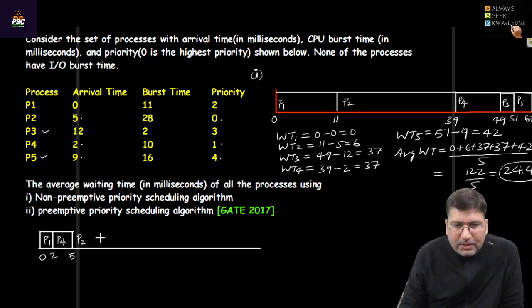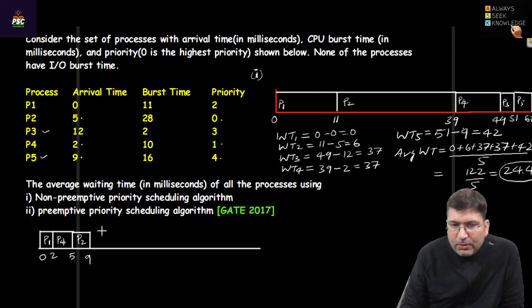Now P2 will keep on executing till 9, and by this moment one new process arrives. That process is P5, but P5 has priority 4 and the running process has priority 0, so it will not be preempted.